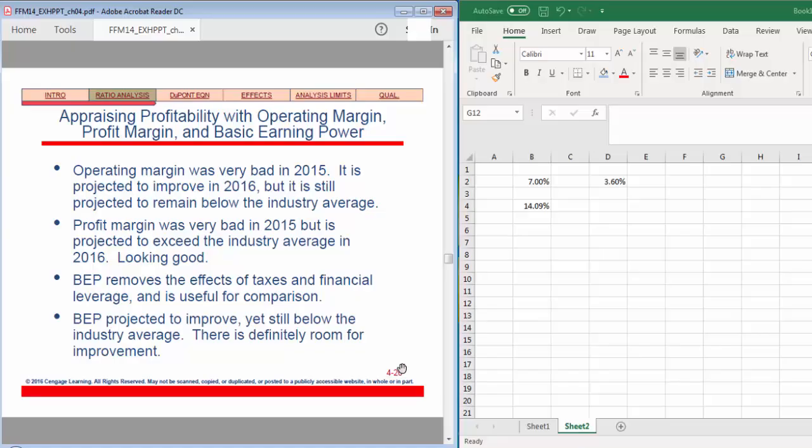Basic earning power removes the effect of taxes and financial leverage and is useful for comparison. The BEP is projected to improve, yet still below industry average. There is definitely room for improvement, and I did mention how it could be done relatively fast.